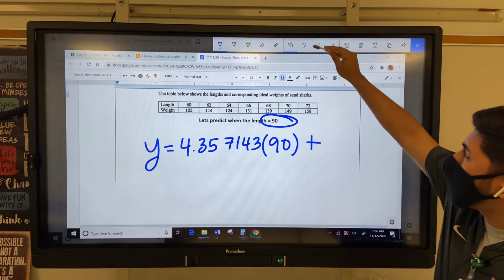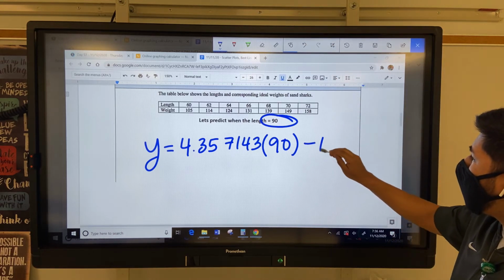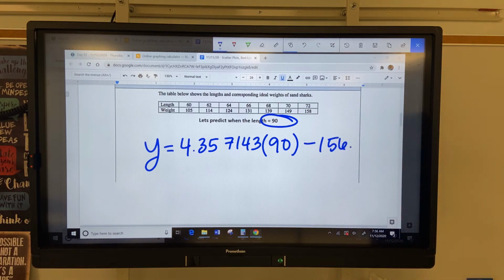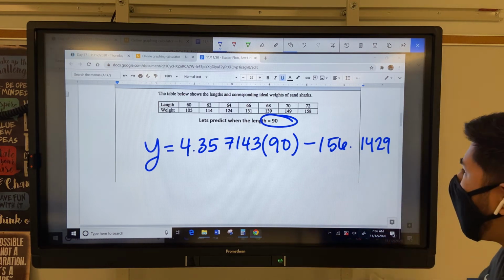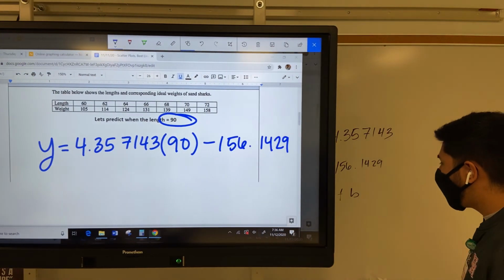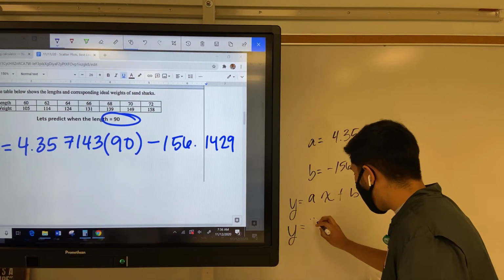Oh, it's negative, so let me put minus 156.1429. All right, let's put this in the calculator. We should be good to go.